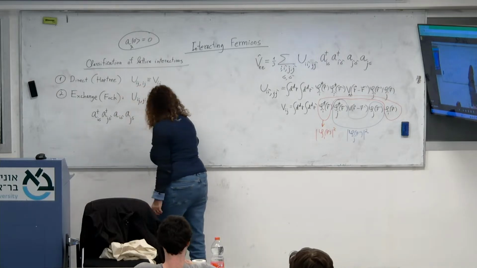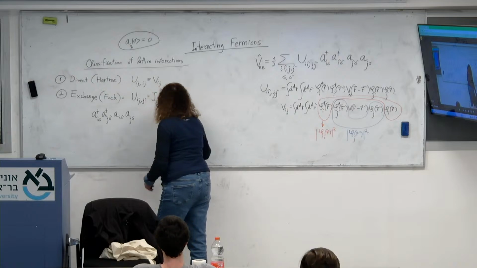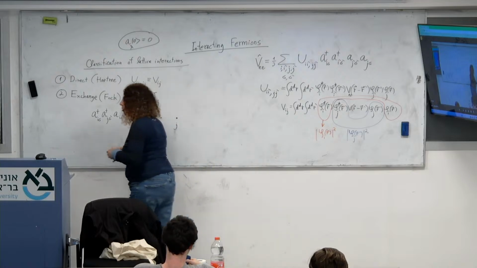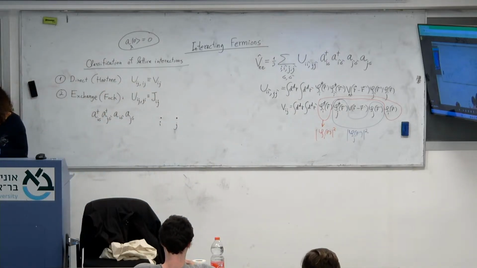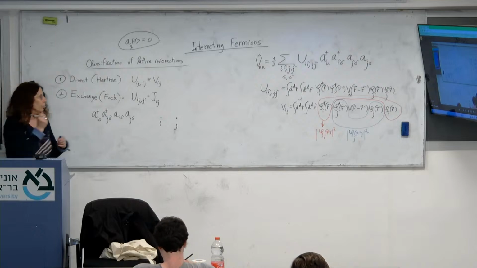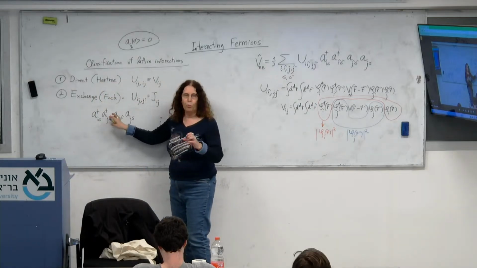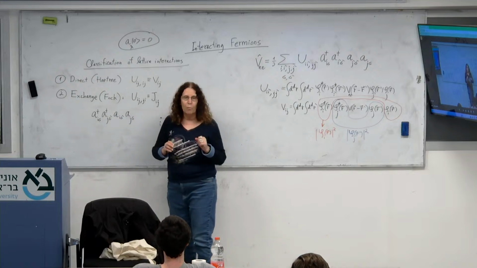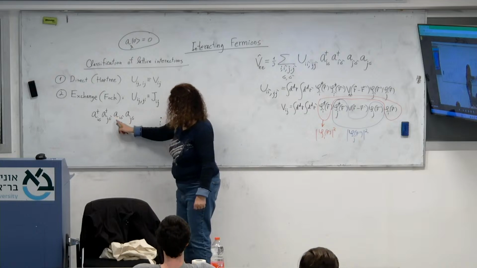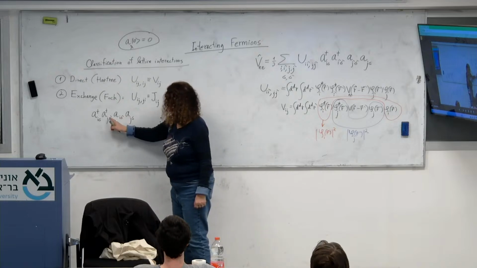So what does it describe? I have my two sites, I and J, and the process I'm describing here is the following. This term is a product of two hopping processes, if you like, or hopping operators. One of them takes an electron with spin sigma prime from I to J.